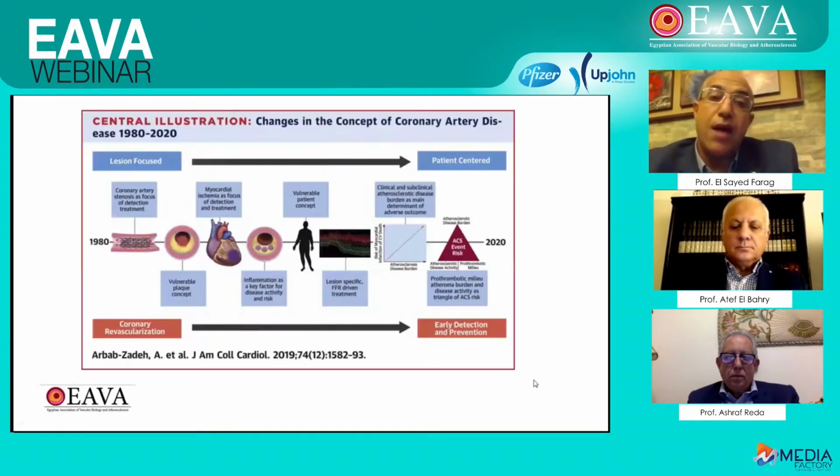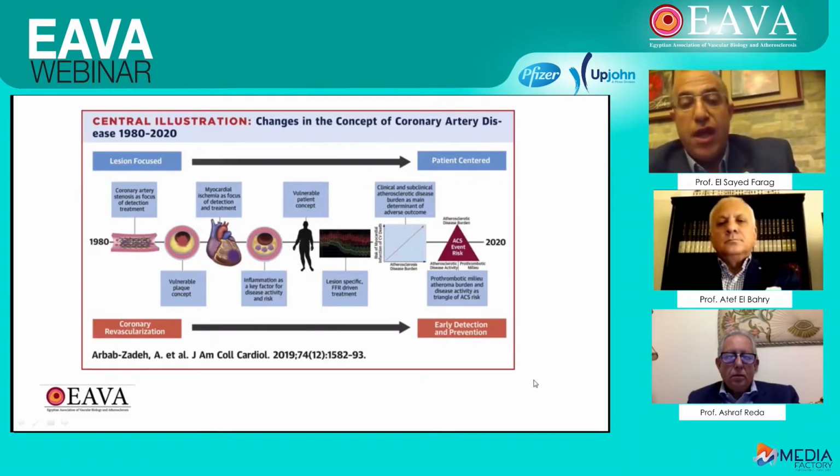As you see from the coming slide, the concept of coronary artery disease changed from lesion-focused to patient-centered. All through this journey, we have a lot of important stations, from coronary revascularization to early detection of cardiovascular disease in the hope of prevention.